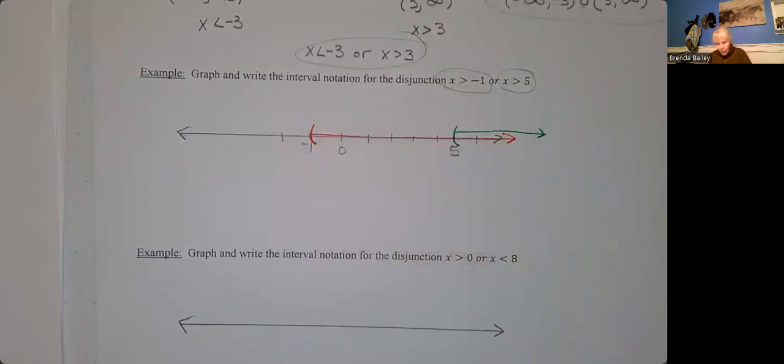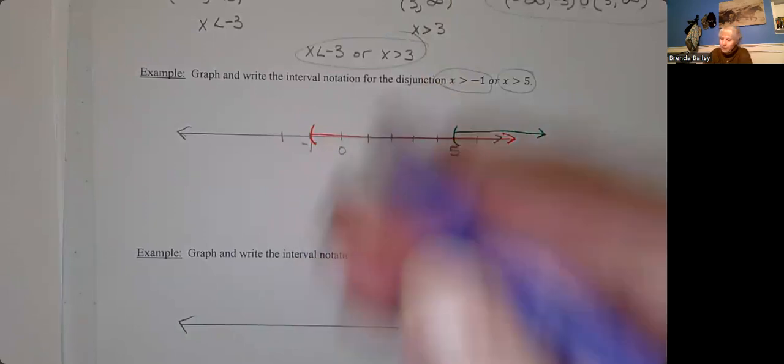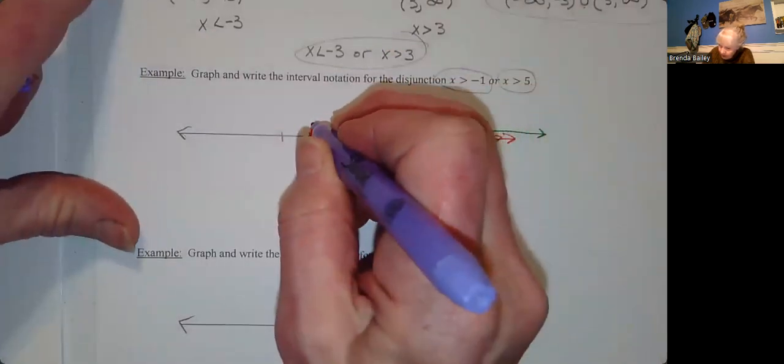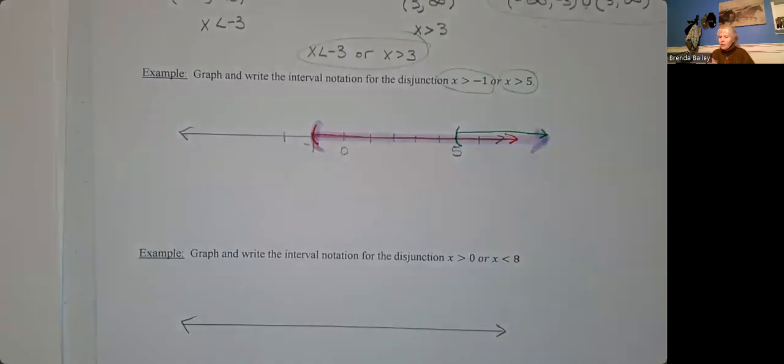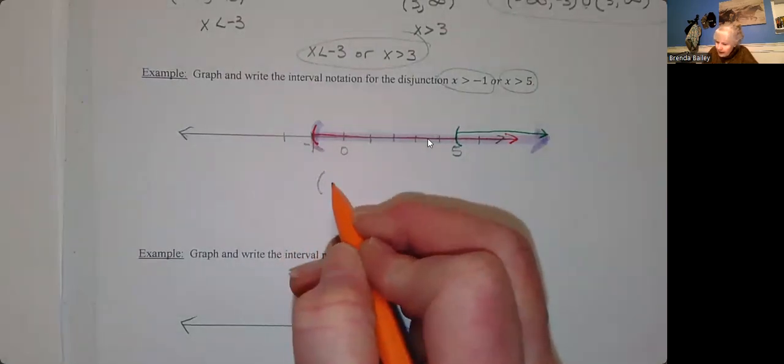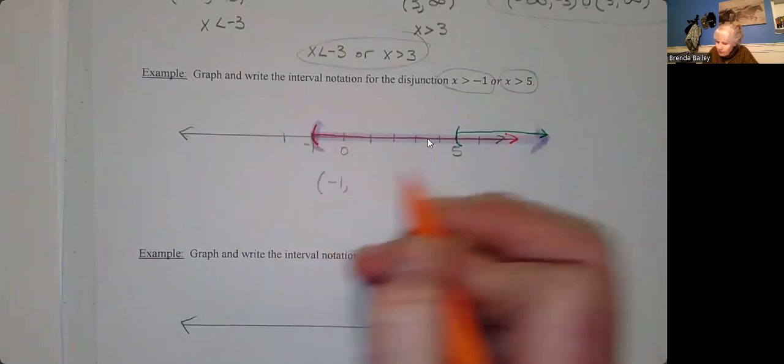So the graph on Pearson would start here and go this way. That would be the graph of the solution, and the interval notation would be negative 1 to infinity.